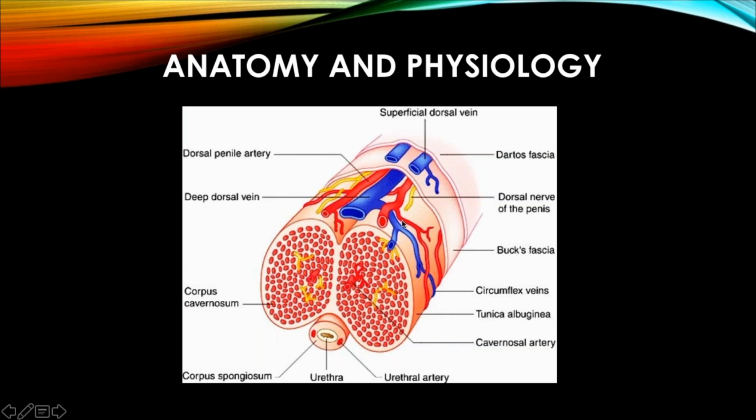So these are things you will be seeing on duplex ultrasound. And in the middle of the corporal bodies are the cavernosal arteries. You also will be seeing them. The tunica albuginea is the coating of the erectile chamber and is associated with some scarring abnormalities in Peyronie's disease. And ventrally is the urethra, the urine tube.